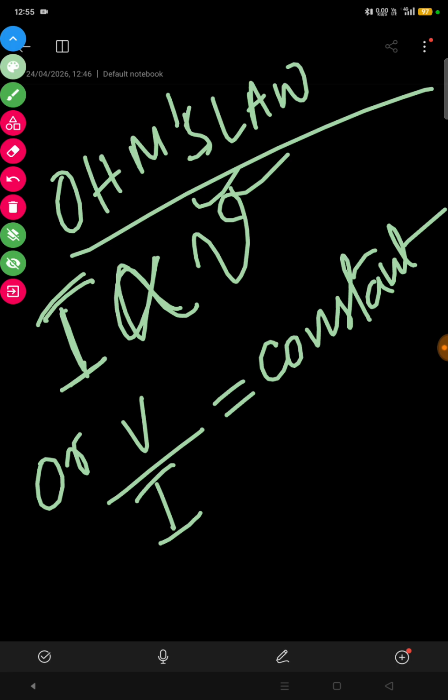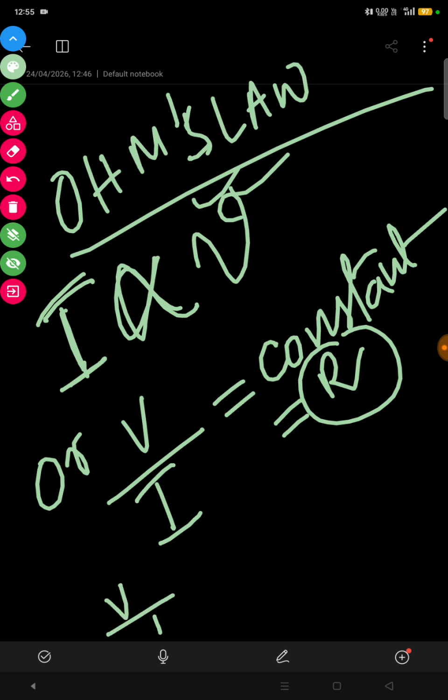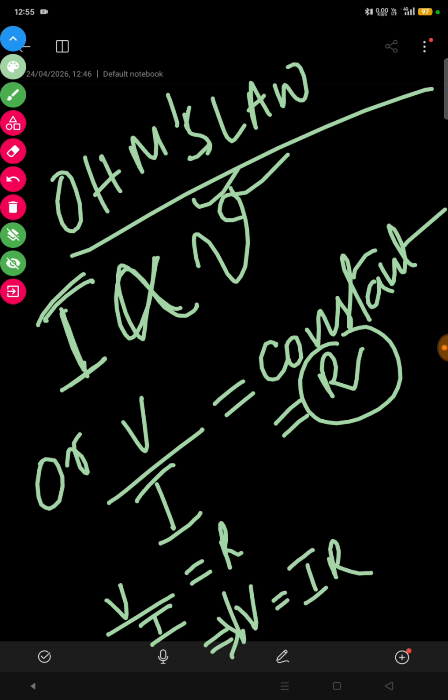Now if we put this constant equal to R, where R stands for the resistance of the conductor, then the formula becomes V by I is equal to R, which is also V is equal to IR.